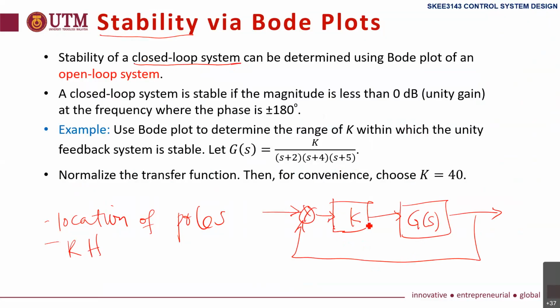In Bode plot, what we will draw, what we will obtain is the Bode plot of an open loop system. Open loop means just this, the open loop transfer function.